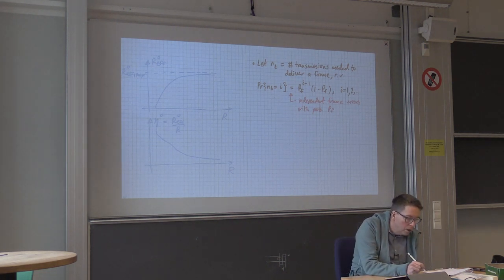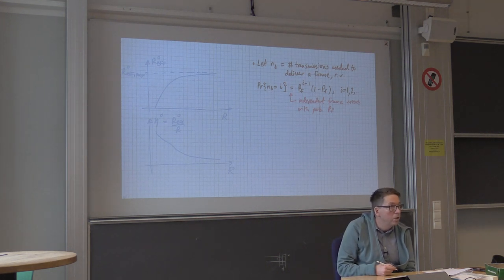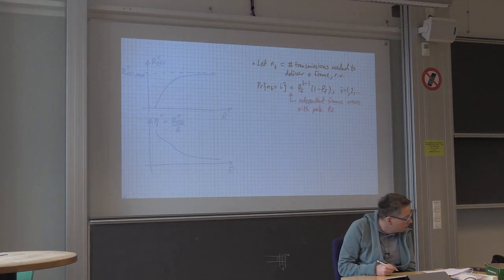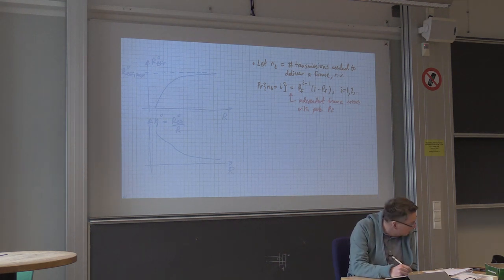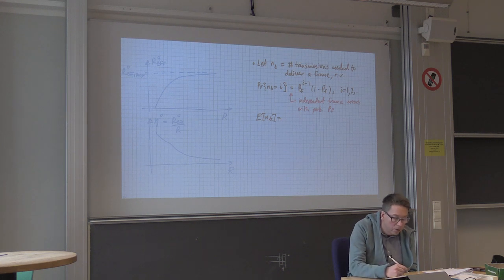What we are interested in is the average number of transmissions we need to do. The average number, or expected value of nt, we can simply calculate because we know the probability that nt takes on any specific value.